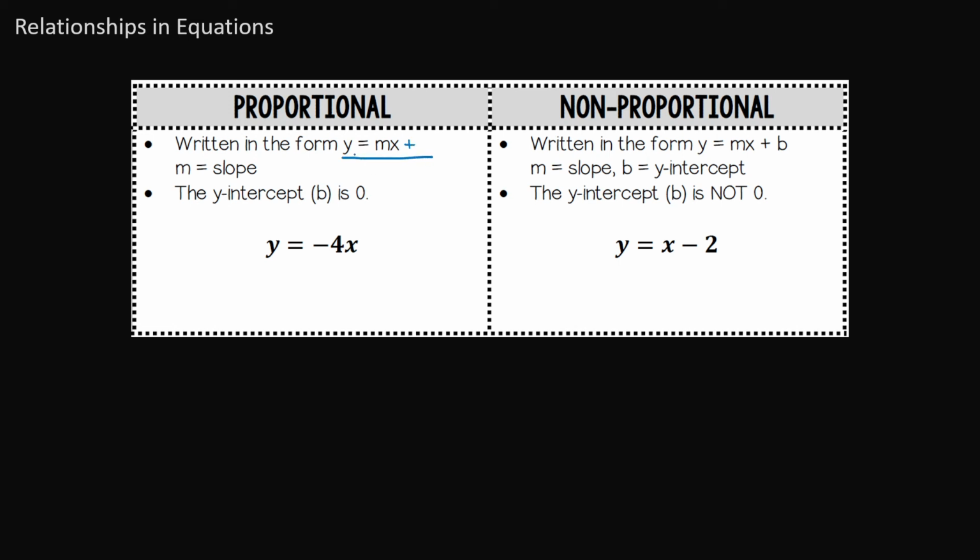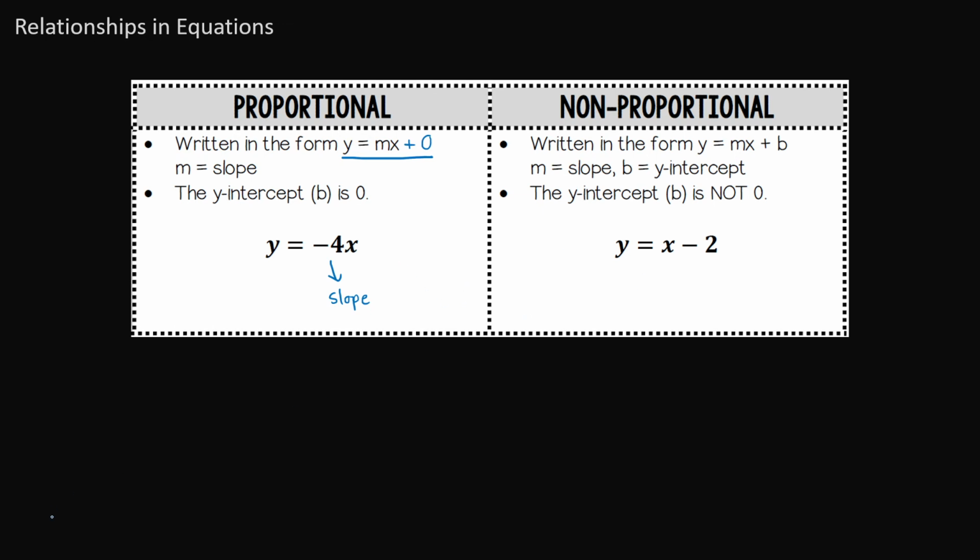This is technically y equals mx plus 0. The y-intercept is always 0. So here's an example of an equation that's proportional. y equals -4x. -4 is the slope. And the y-intercept is 0 because we're not adding or subtracting anything at the end of our equation. It's just y equals -4x.